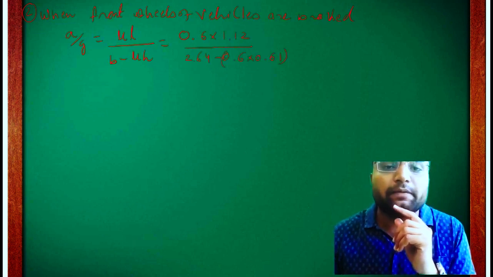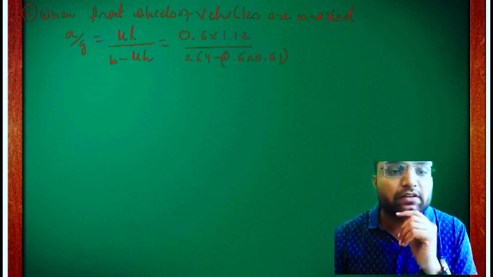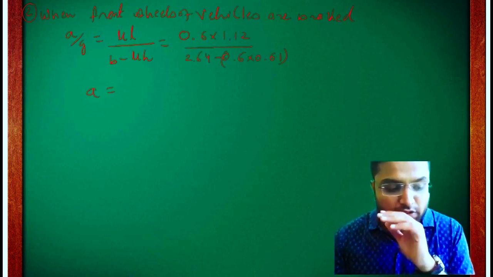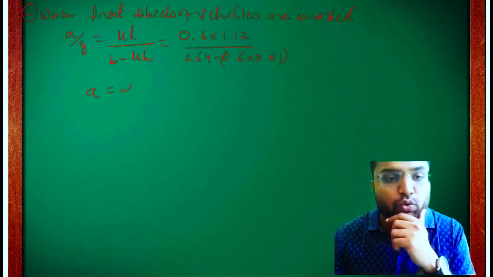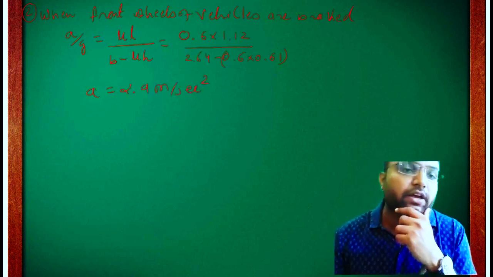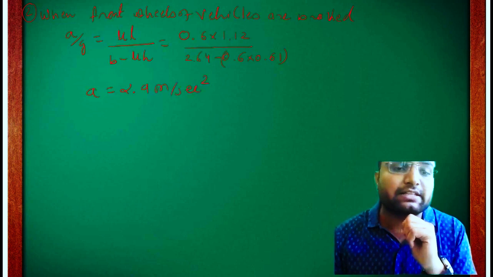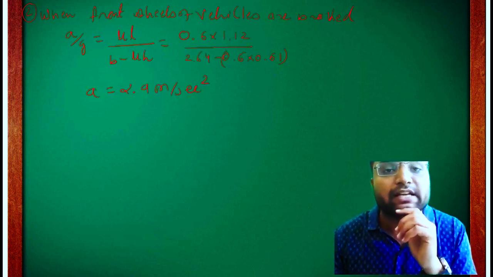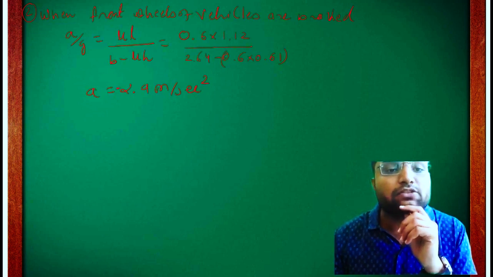So ultimately the acceleration for this particular case will be 2.9 meter per second square. This acceleration is also called retardation. If I want to call it an acceleration, then it should be minus 2.9 meter per second square.